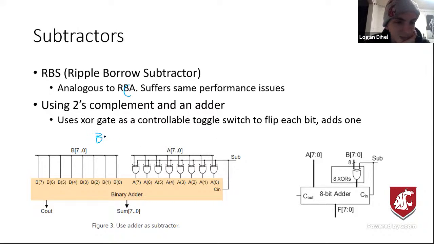This would be a B minus A subtractor right here. It's using these XOR gates as controllable toggle switches.